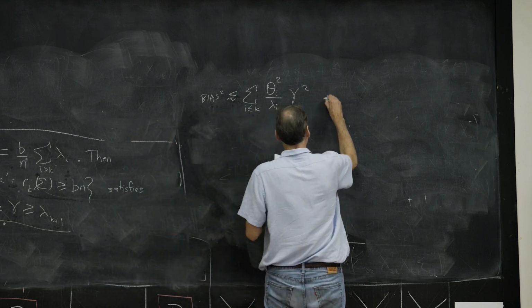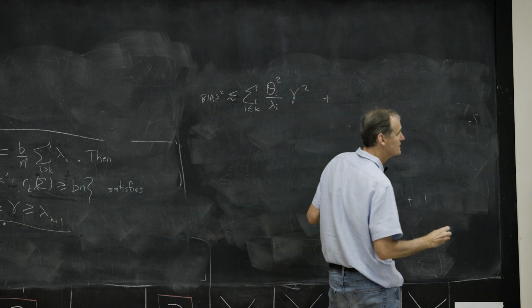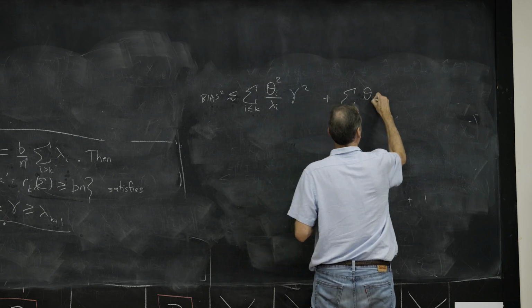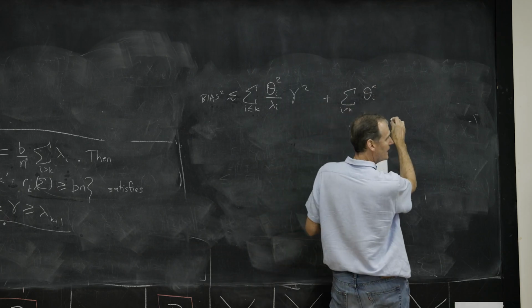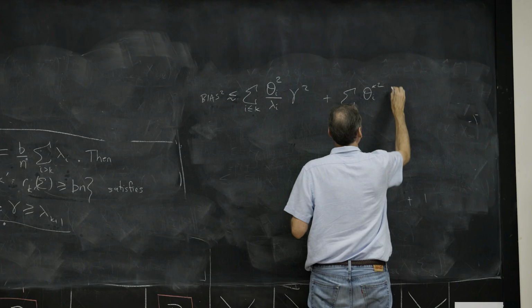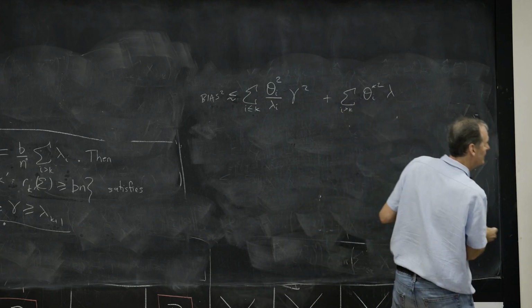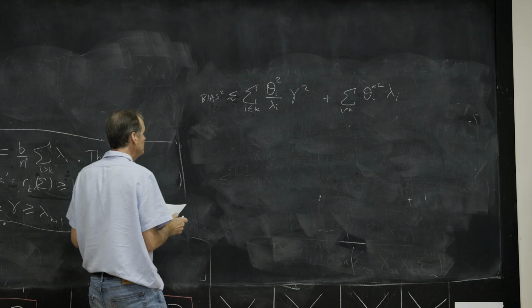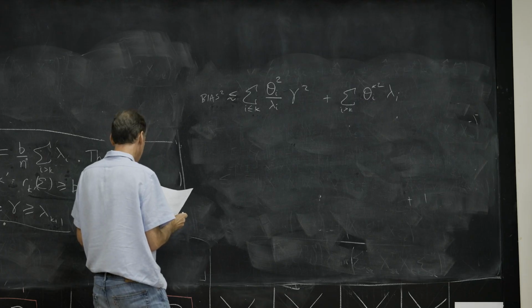Plus the bigger than k part is just a sum over i of theta_i star squared times lambda_i.